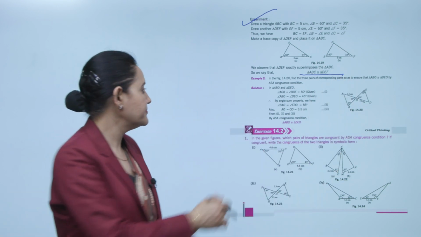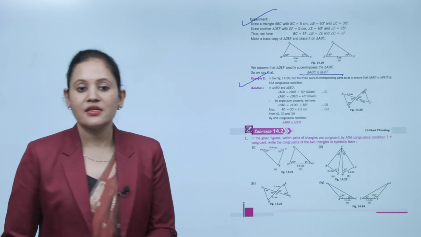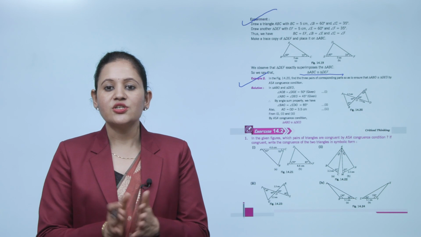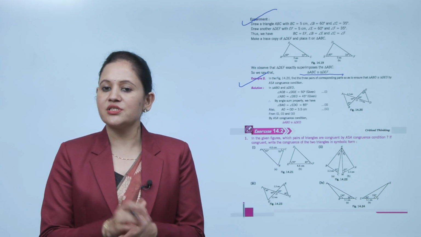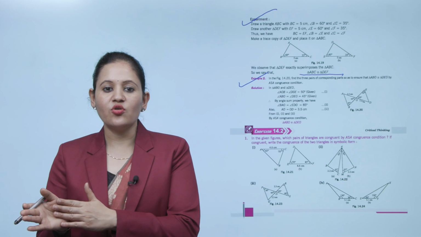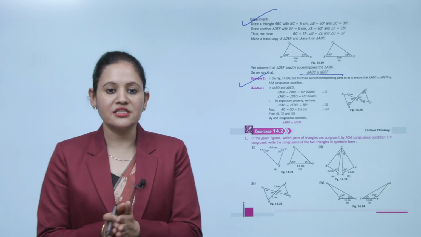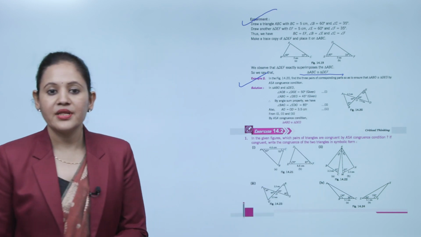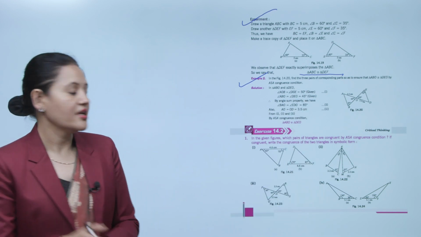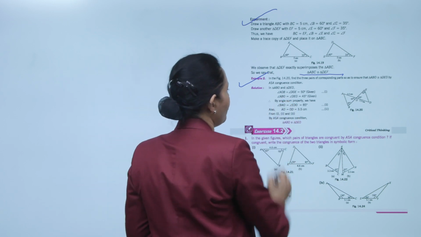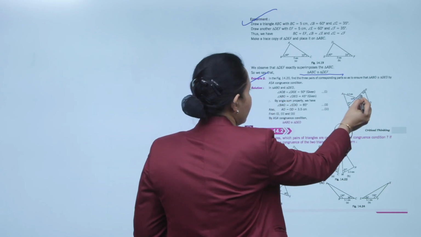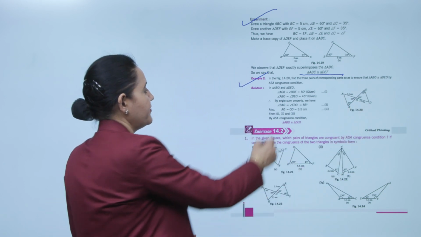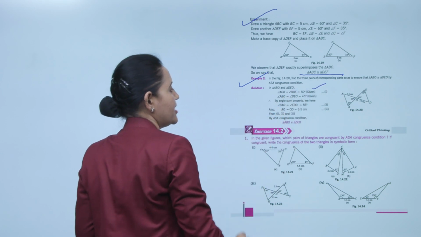Now, we will take an example. In figure 14.20, find the three pairs of corresponding parts that ensure triangle ABO is congruent to triangle DEO by the ASA congruence condition. In triangle ABO and triangle DEO, angle AOB equals angle EOD, 50 degrees.